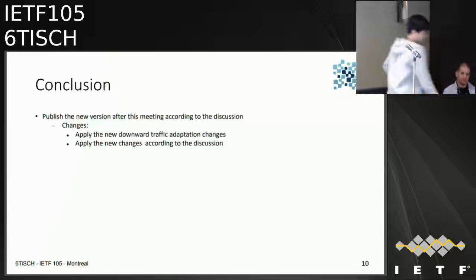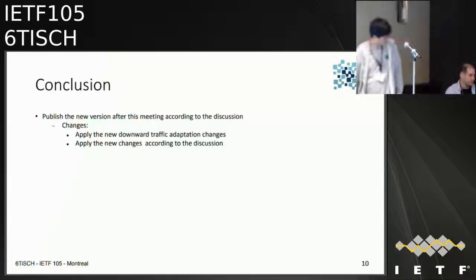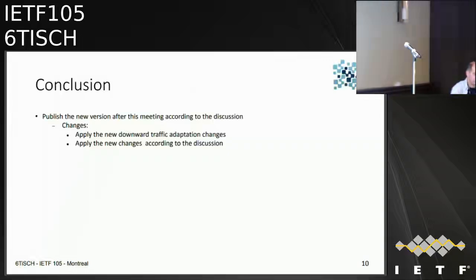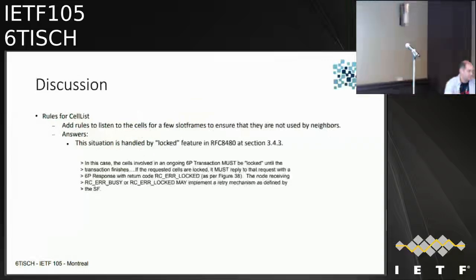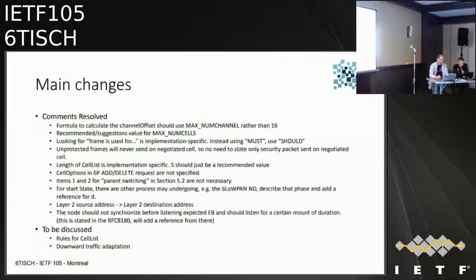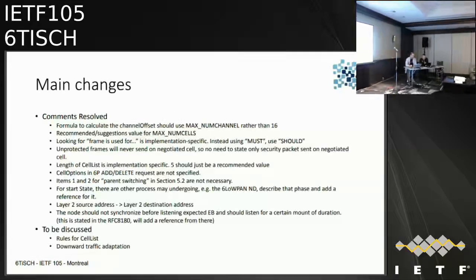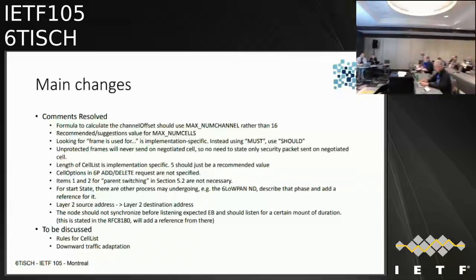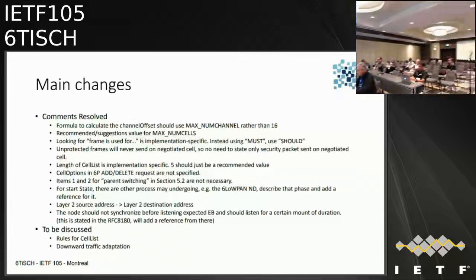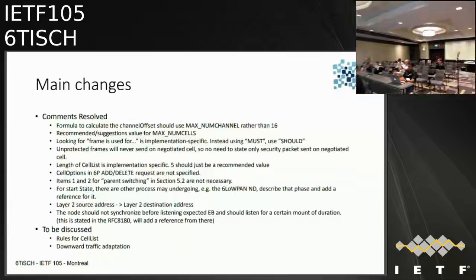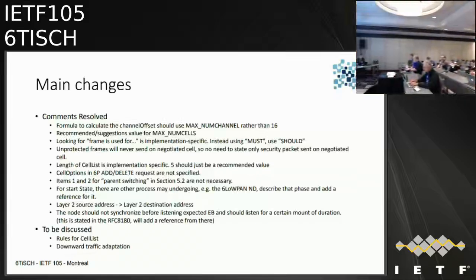Thank you. Nice. At some point in one of the slides, there were like 2 items that still needed discussion. We really would like to get this to workgroup last call. So how can we move on with those 2 discussion items? I don't remember which ones they were, but it was to be discussed: rules for the cell list and downward traffic adaptation. Guys, if you could raise these questions on the mailing list and explain exactly what they are and make sure we discuss them.